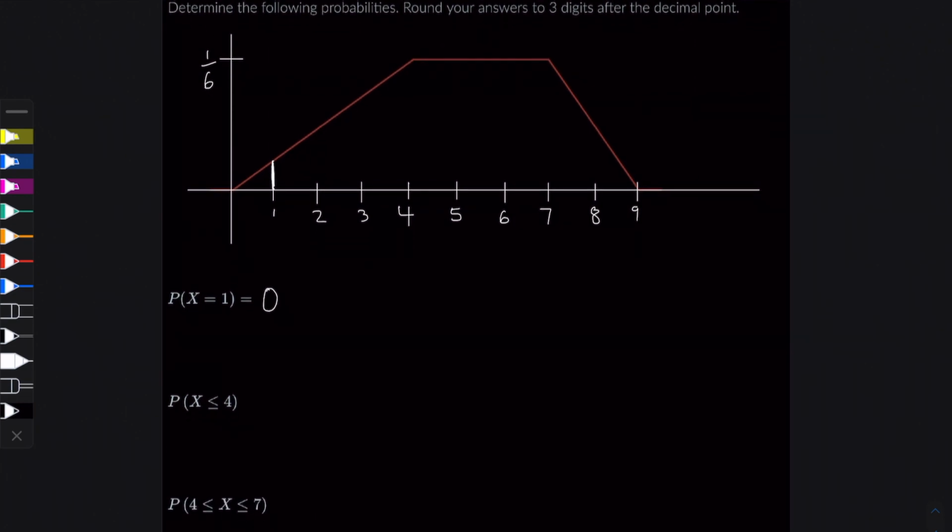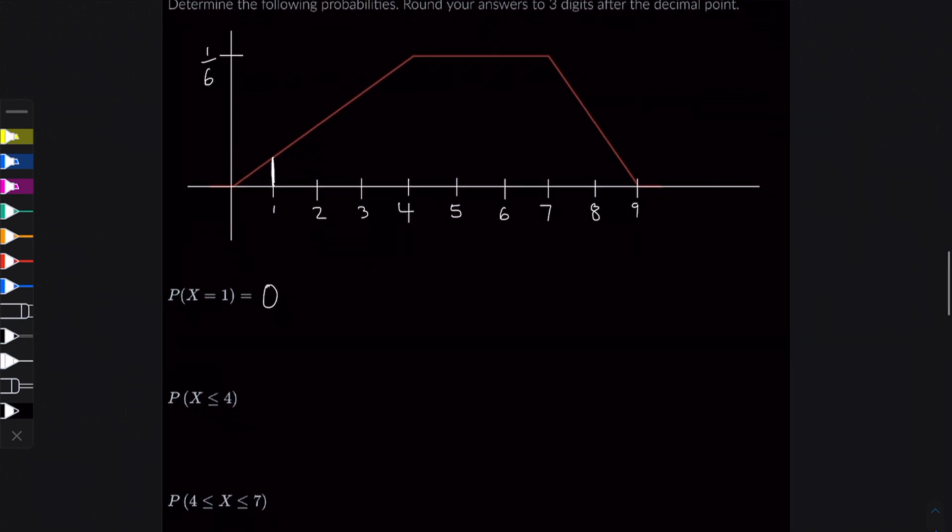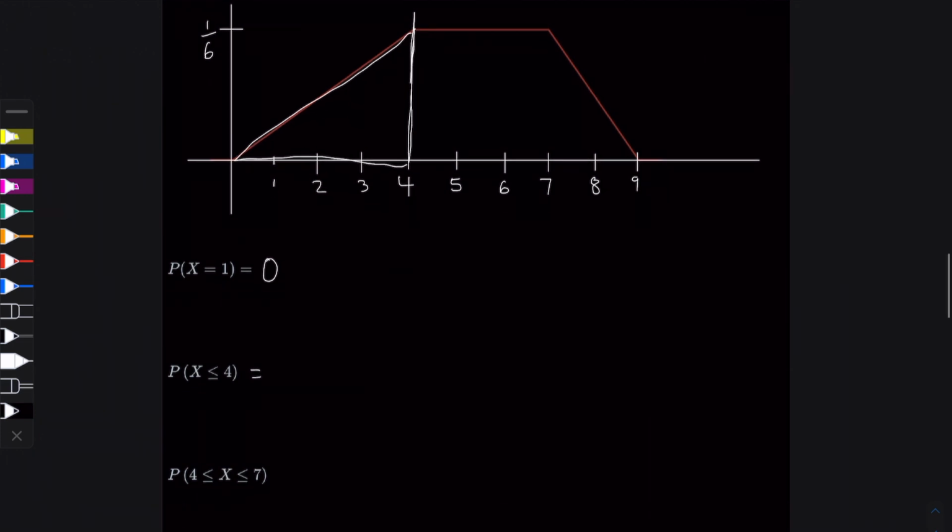For the next one, probability x is less than or equal to 4. And so what I would do here is I would divide this up into this triangle. So we have this whole triangle right here. So in order to find our area of a triangle, right, we need our height.